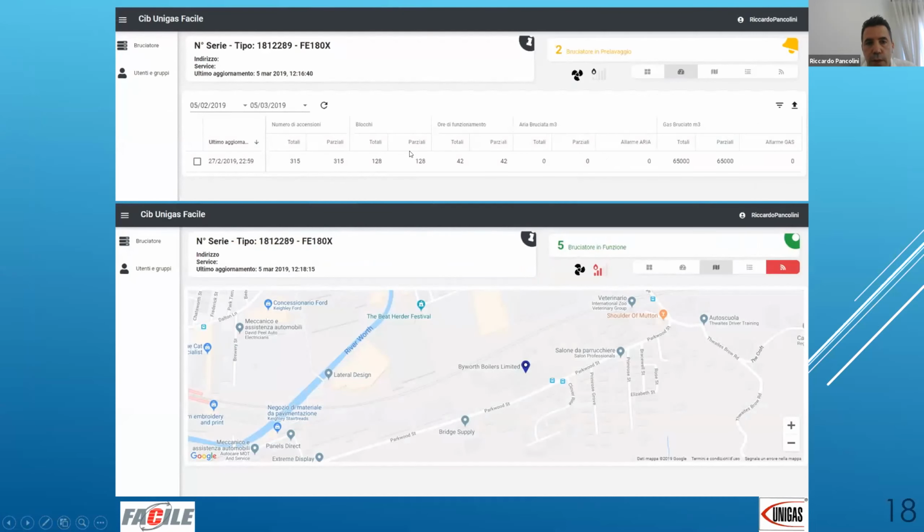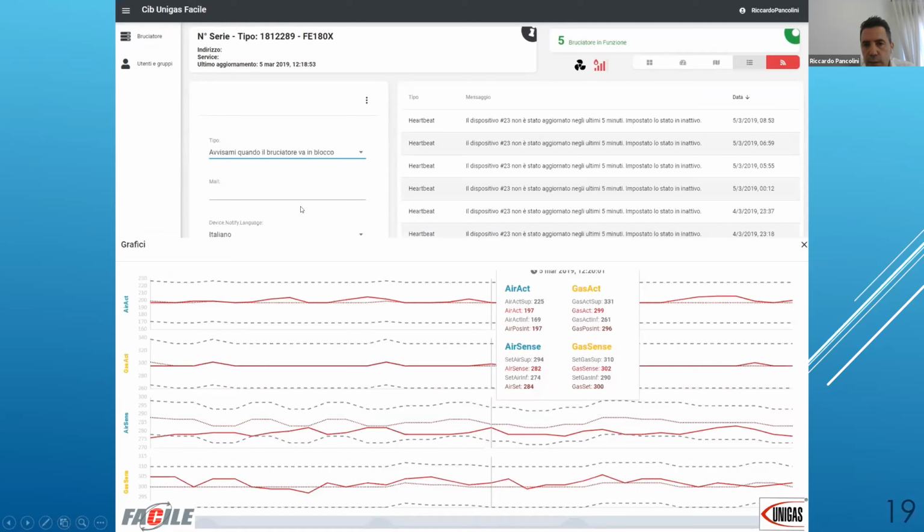We can even have predictive assistance. So we can put, for example, the email address here, and the burner can advise me if something goes wrong, and so on. We can store the regulation curve for more than 10 hours of working of the burners.